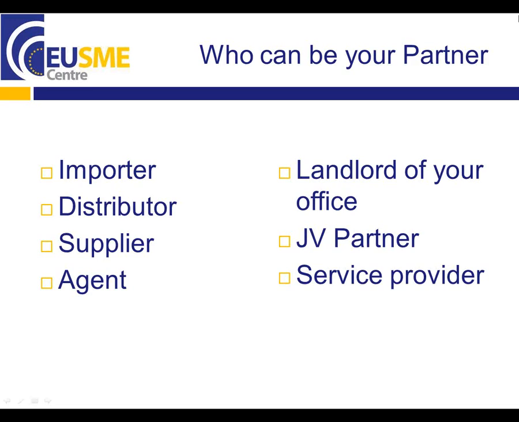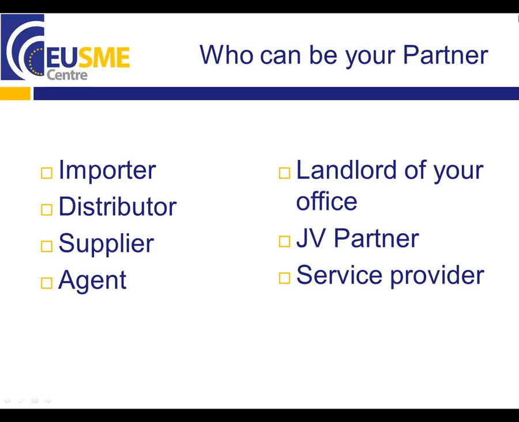So let's see what information we can find out. When people talk about a Chinese business partner, they usually think about either a supplier or distributor, but that is only the sales and purchase business. However, your Chinese business partner does not need to be only your supplier.